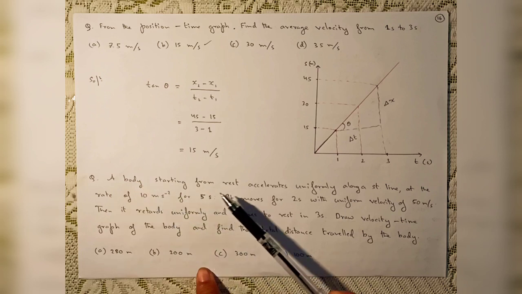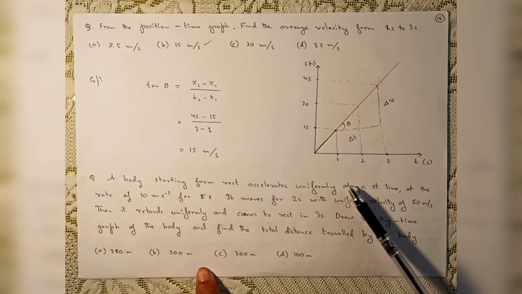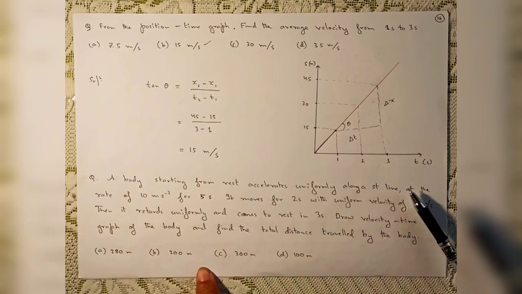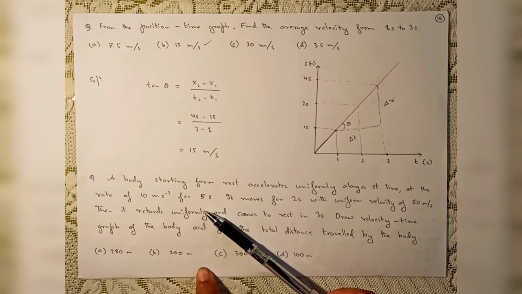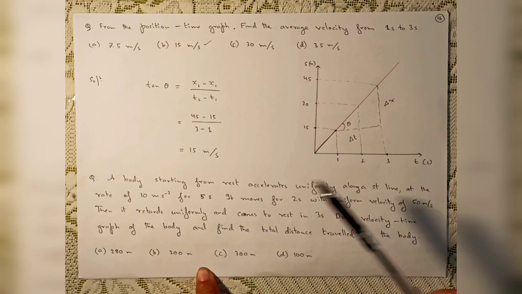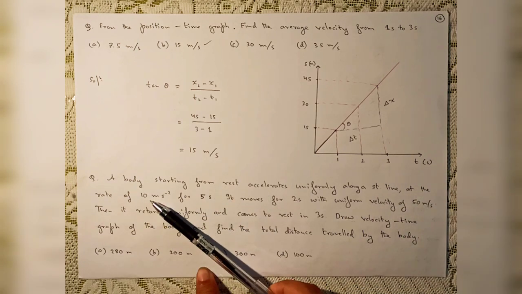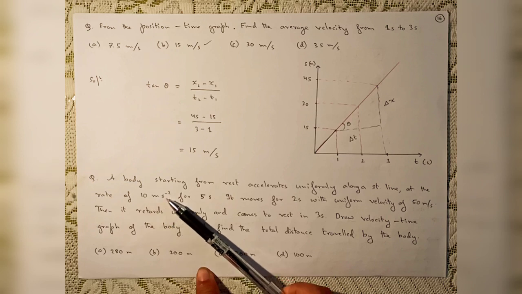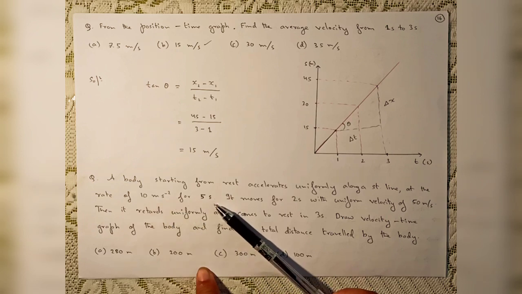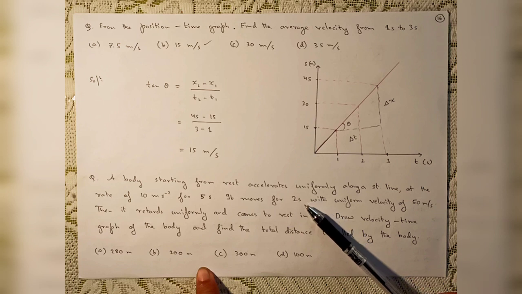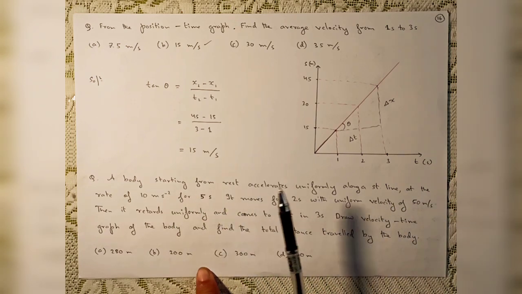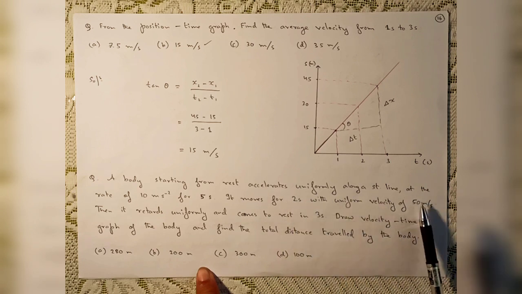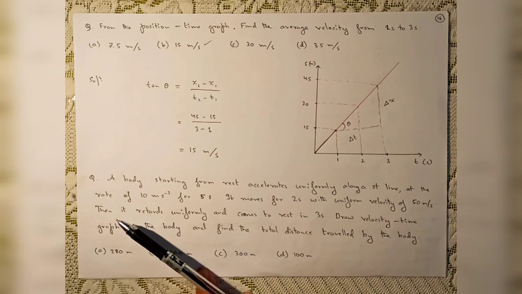A body starting from rest accelerates uniformly along a straight line at the rate of 10 meters per second square for 5 seconds. It moves for 2 seconds with uniform velocity. After 5 seconds, for 2 more seconds, it moves with a uniform velocity of 50 meters per second.